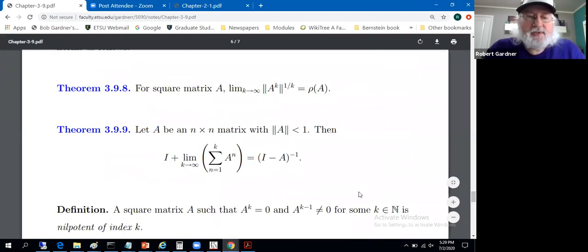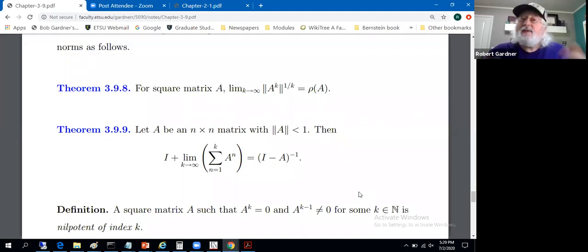All right, so many of these results are just, look at this relationship. Well, theorem 3.9.9, look at this relationship. This one looks familiar. A is a square matrix with norm less than 1. The claim is I plus A plus A squared and so on. It's the first time, and possibly the last time, we dealt with a series of matrices: the limit as k approaches infinity of the sum from n equals 1 to k of A to the n. So what we've got on the left-hand side is really a power series.